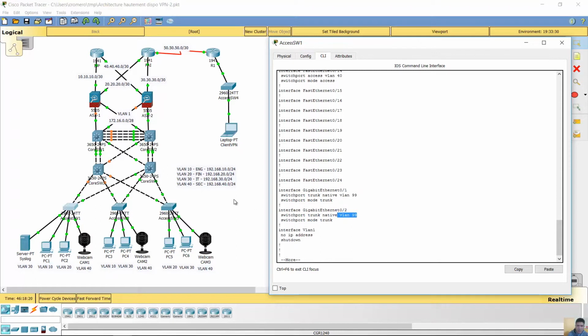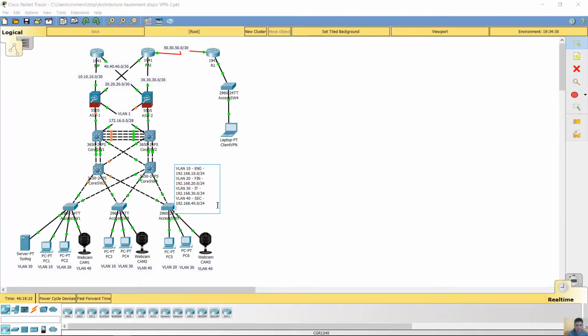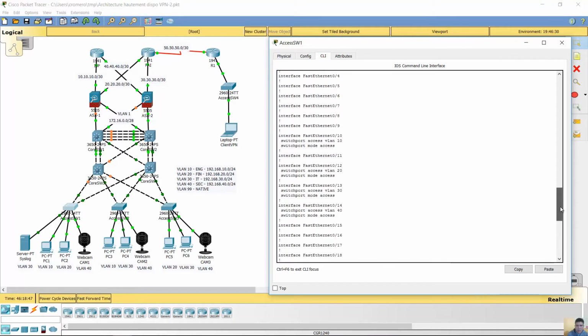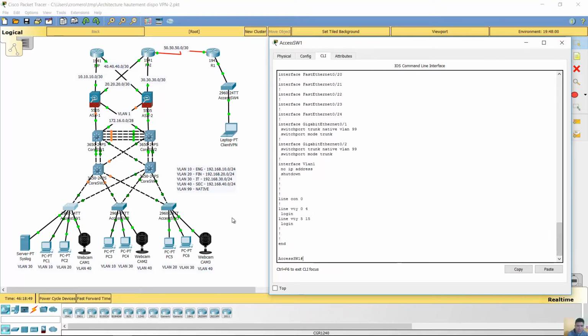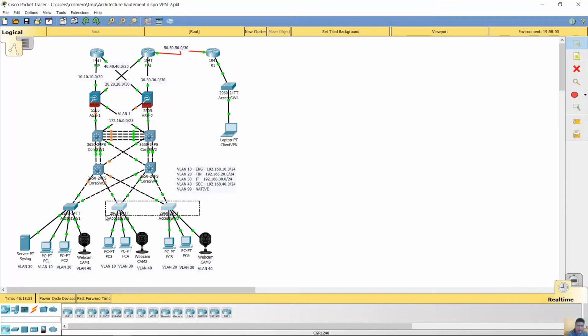My native VLAN is 99. VLAN 99 native has no network. This is all on the access switches. The two other access switches were configured like the first one.